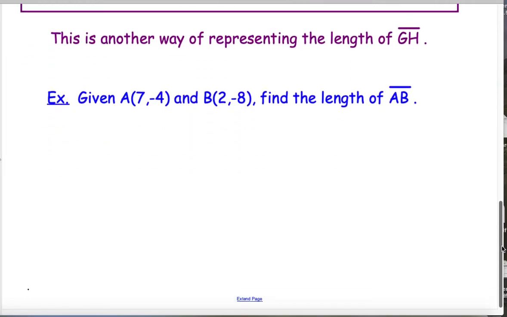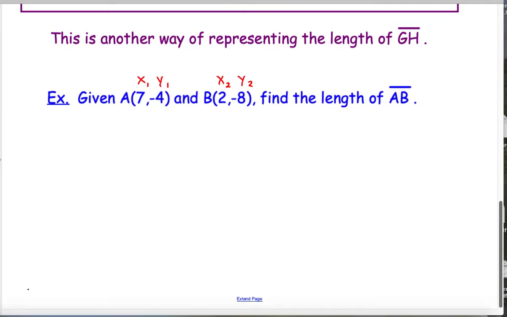Okay, so let's try one more. And you might want to hit pause and try it and then compare your answer. Okay, so here's my 2 points. Maybe this will help. I'll label them x sub 1, y sub 1, and x sub 2, y sub 2.